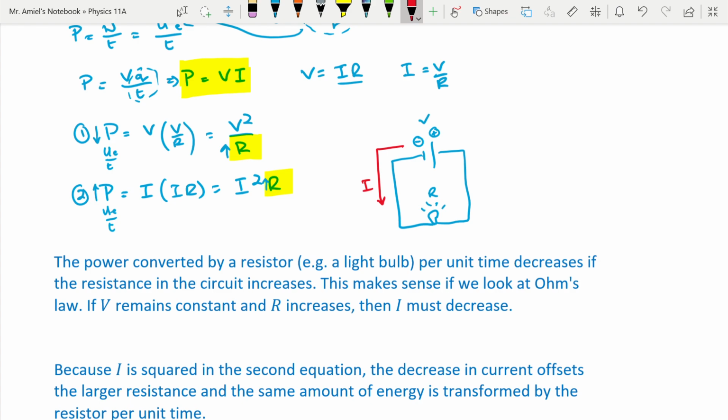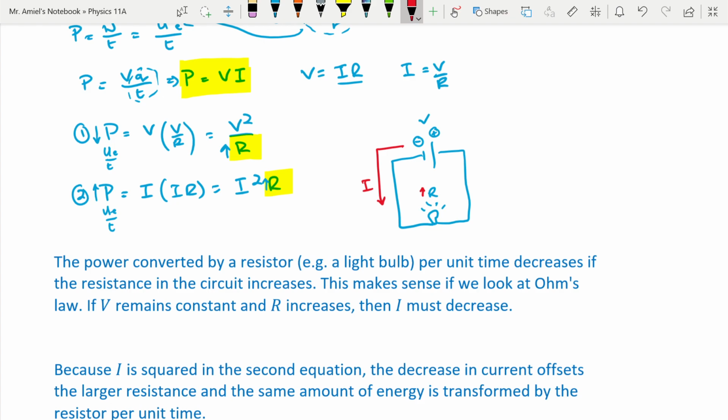And the power converted by this resistor, the light bulb, per unit time is going to decrease if the resistance in the circuit increases. So we can actually rationalize that quite easily. If we increase our resistance here, then what is that going to do? Well, it's going to slow down our charge. So if we slow down our charge, then we're going to have less energy flowing per second because we've slowed down our charge.